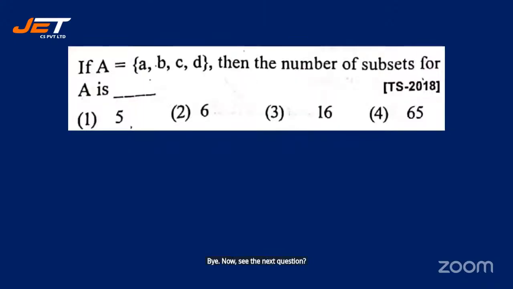A is equal to {a, b, c, d}. Then the number of subsets for A is dash. Number of subsets for A is dash.